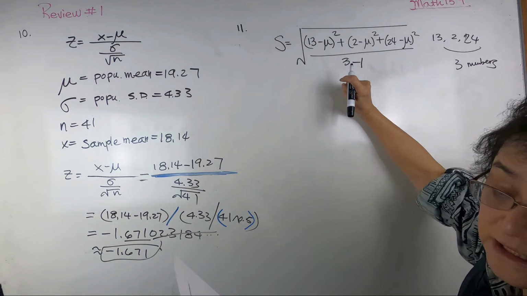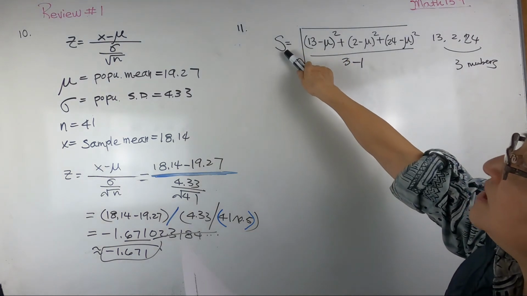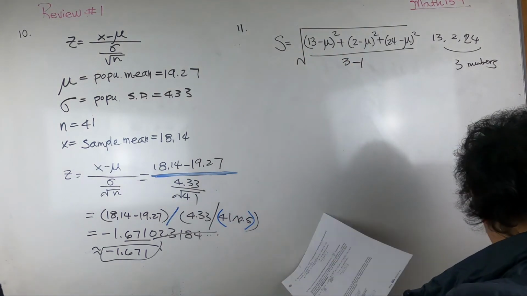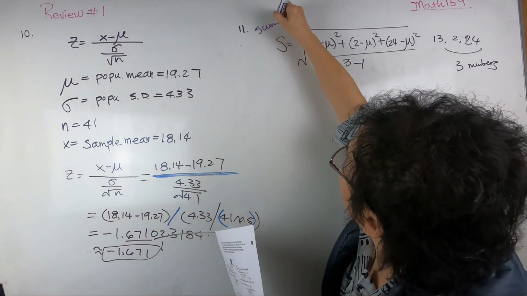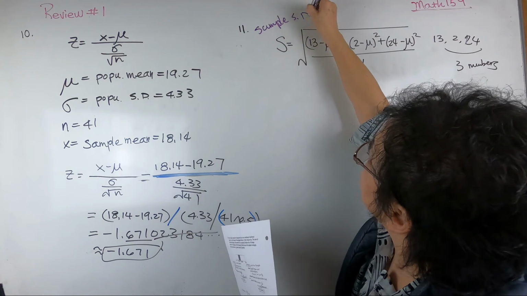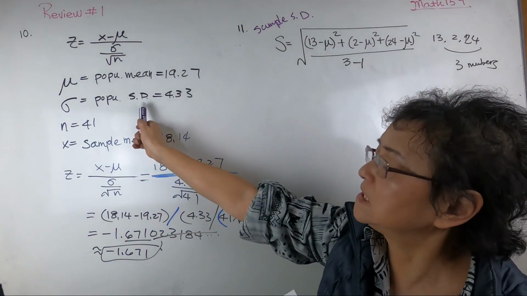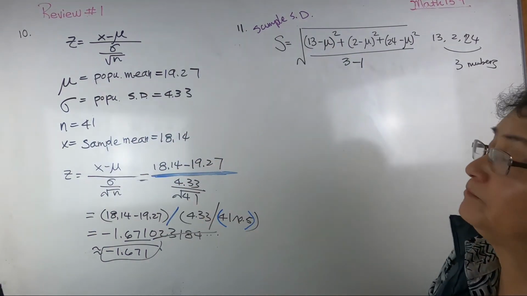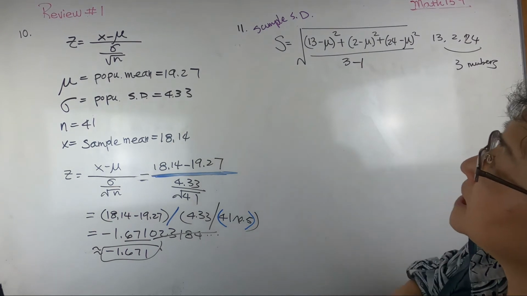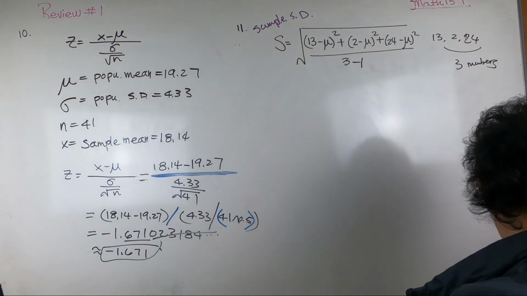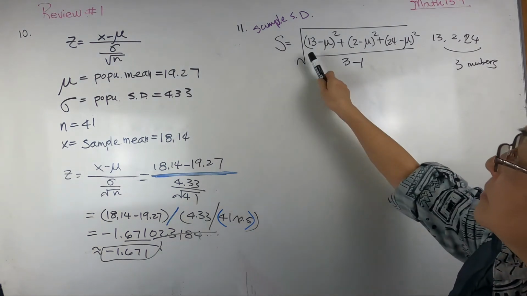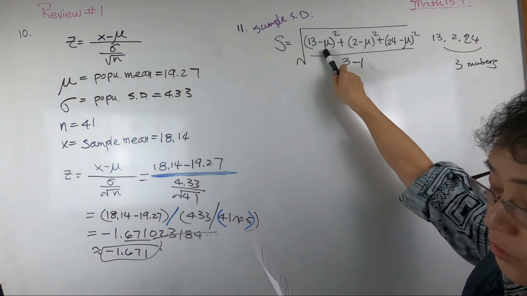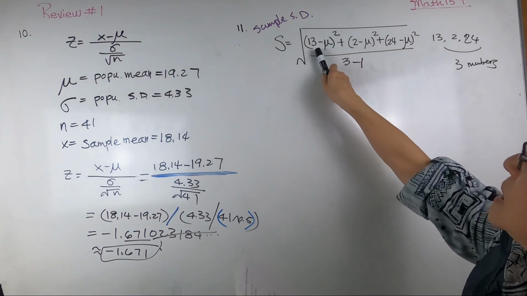It says the sample standard deviation. So we use S for what? Sample standard deviation. Population standard deviation, we use sigma. Then the way to calculate sample standard deviation is to add up all those squared deviations.